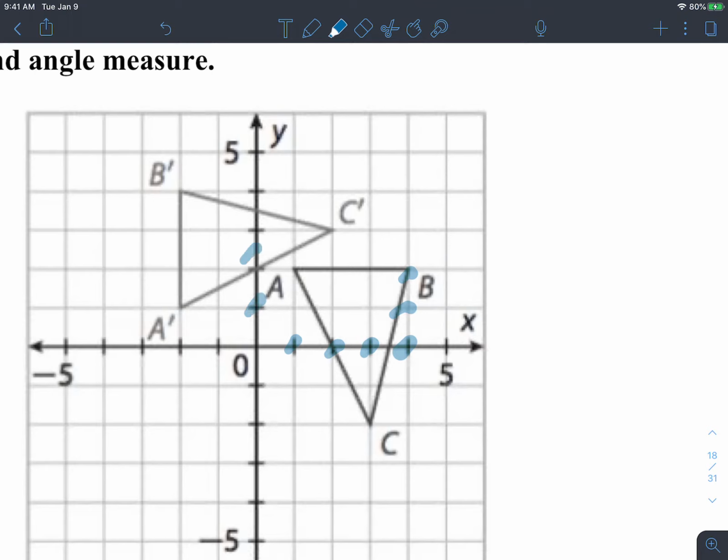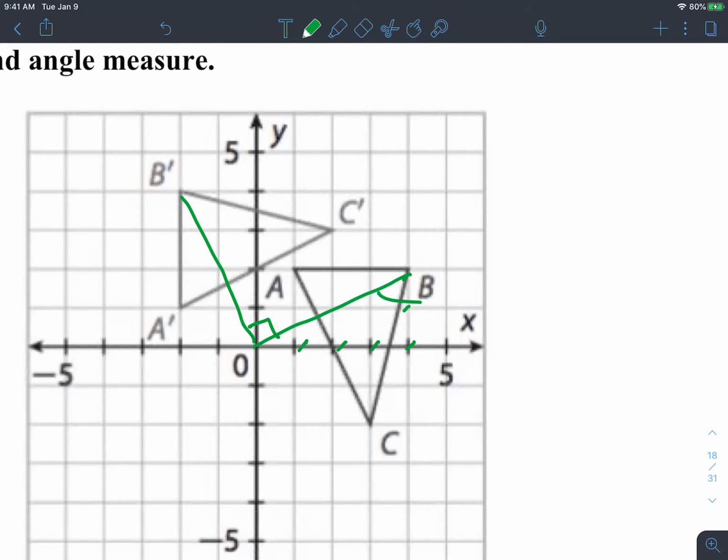And then we have 1, 2, 3, 4, 1, 2. So this is demonstrating the transformation that we have. And if you draw a straight line over here, guys, 1, 2, 3, 4, 1, 2, and then this, you recognize that this is 90 degrees, right?